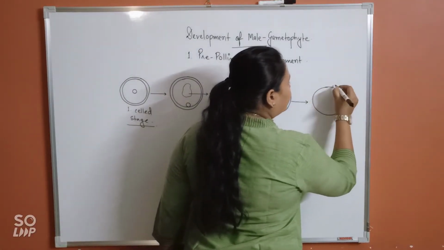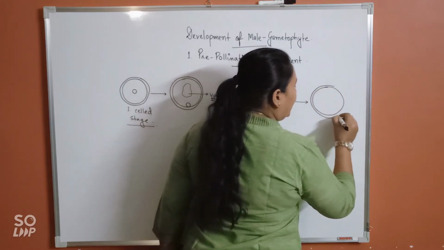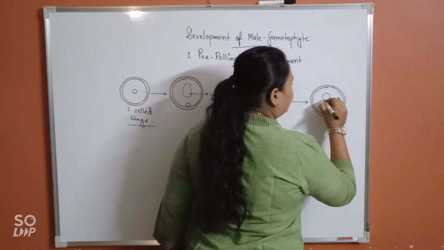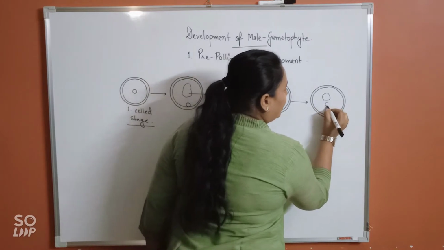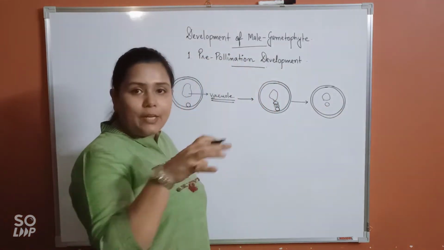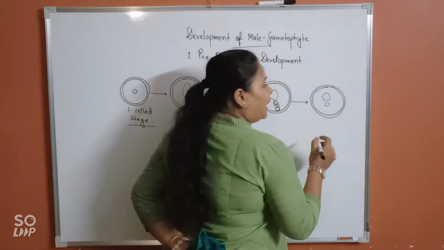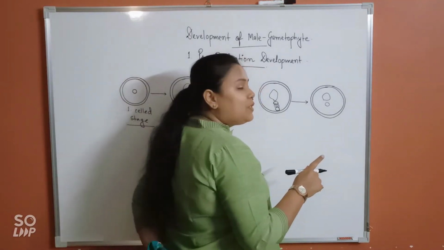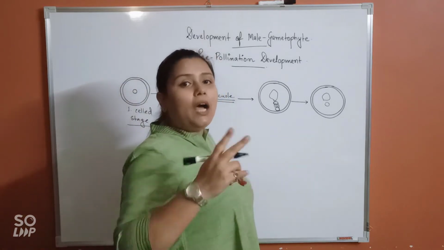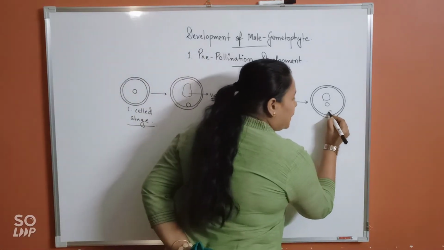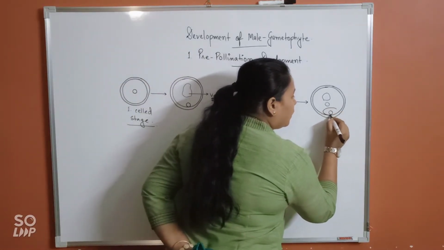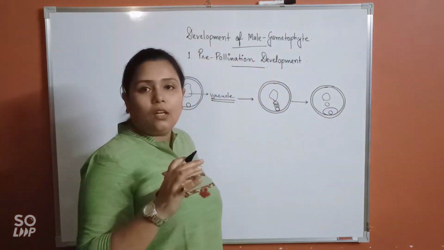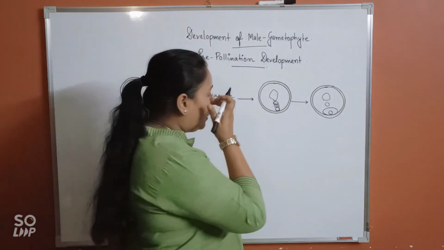After the karyokinesis is done with, each of the nuclei would start getting surrounded by cytoplasm, isn't it? So now cytokinesis will occur after karyokinesis, and this cytokinesis will be unequal, giving rise to two unequal cells. So this will be an oval to spherical cell.